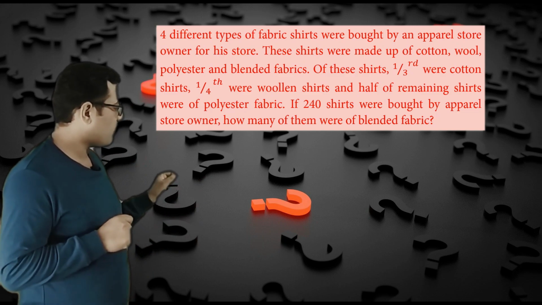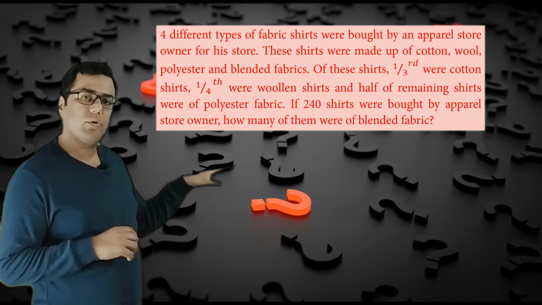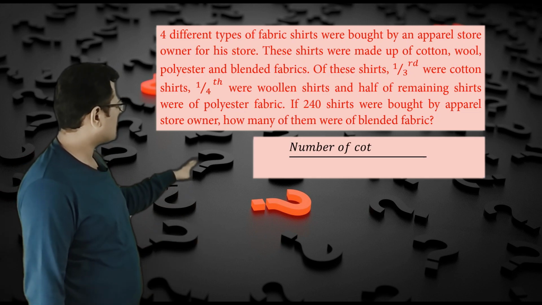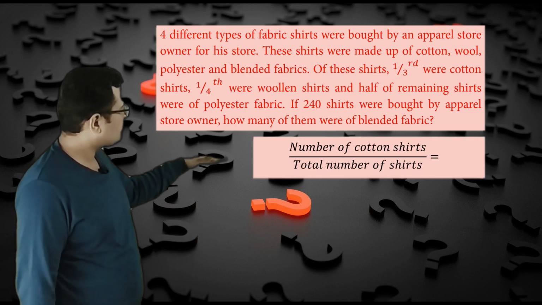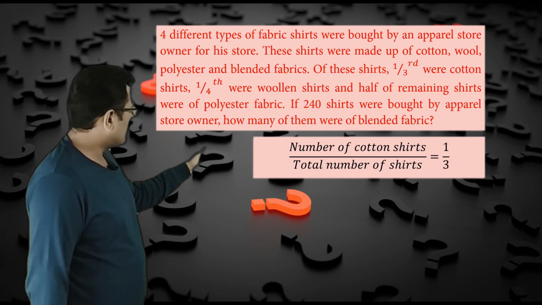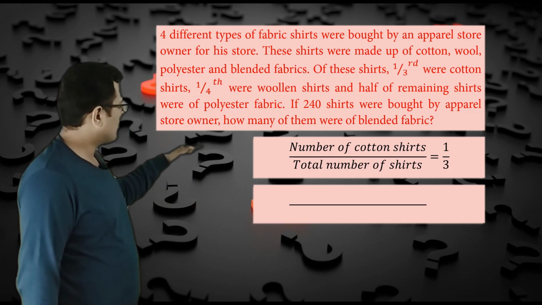The first ratio provided is that of the total number of cotton shirts to the total number of shirts. So I'm going to write this ratio equation: total number of cotton shirts divided by total number of shirts equals 1/3. The number of cotton shirts I don't know, but the total number of shirts I know is 240.